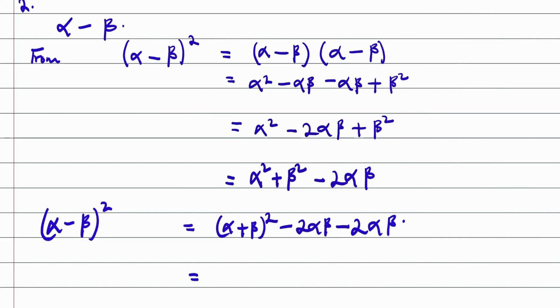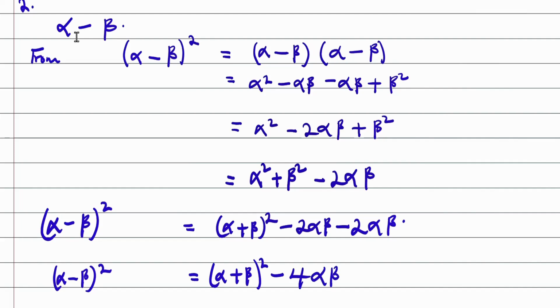As we simplify this, it means that we have alpha minus beta, the whole of it squared, equaling alpha plus beta squared minus 4 alpha beta.